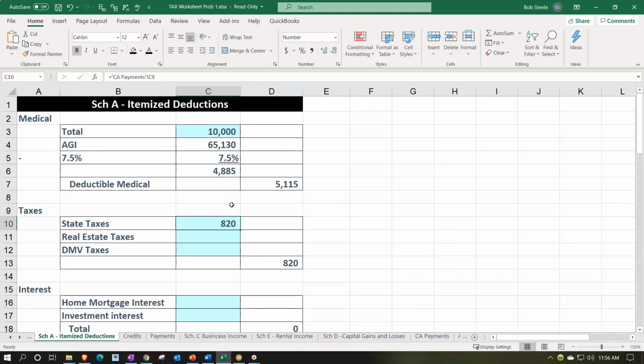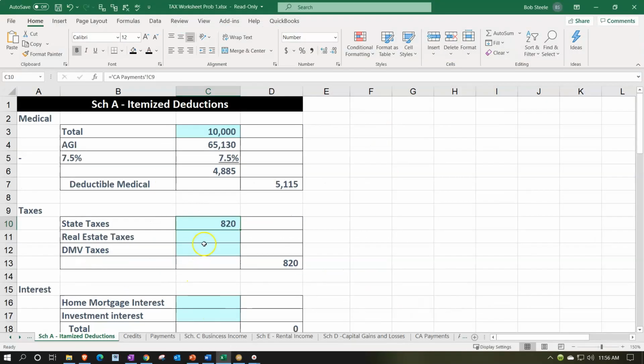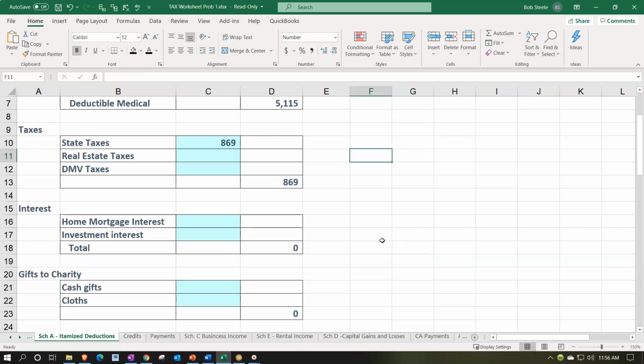But if you're in a state that doesn't have the state income tax and you're taking the sales tax, you may be dependent on the software to basically estimate that, which would be the 869. So if that were the case, I'd have to say this was 869 and just hard code it in there. Probably be reliant on the tax return in order to get that number.